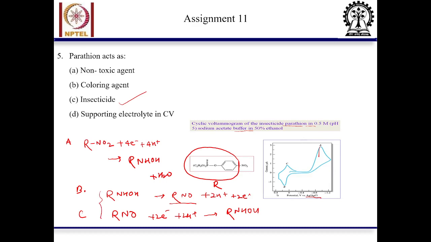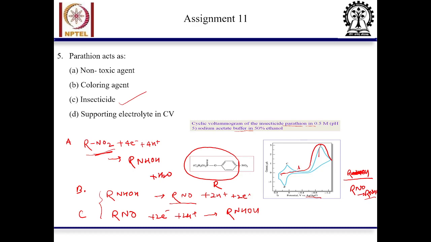How can you say that? You start from here. This is the first cycle I am drawing. It will go here and come back. So this is the first cycle, and you will not see the RNO peak. This is RNO2 to RNHOH, because RNO2 is the only species going to RNHOH, so you don't have RNO and RNHOH.